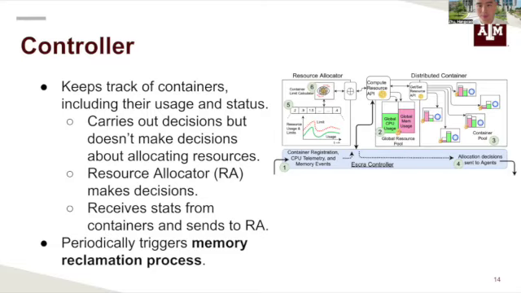Whenever the controller gets the information, it cannot directly make decisions about whether to reallocate some resources to the container. Instead, it should first send all this information to the resource allocator. And the resource allocator will make decisions about how and whether it's needed to make the allocations.